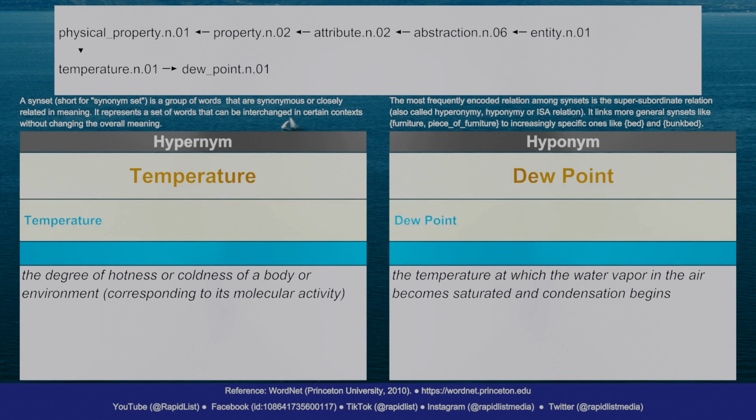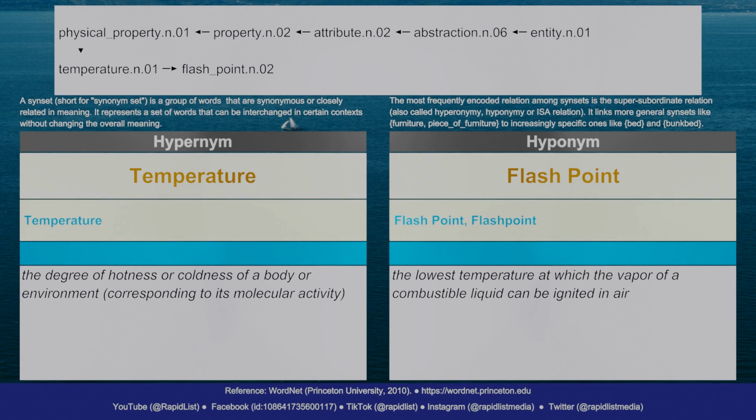Dew point. The temperature at which the water vapor in the air becomes saturated and condensation begins. Flashpoint. The lowest temperature at which the vapor of a combustible liquid can be ignited in air.